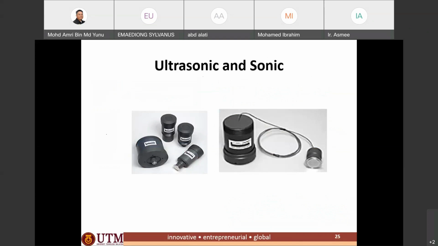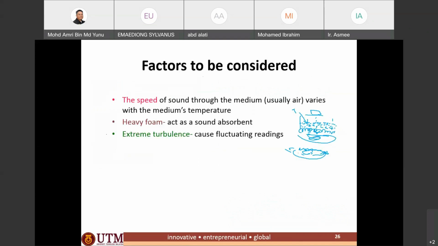So these are some of the ultrasonic sensor constructions. Okay, we need to consider some of the factors when using acoustic signals. Basically, the medium where the signal travels, which is usually air for the ultrasonic, has a density that may vary with the temperature.